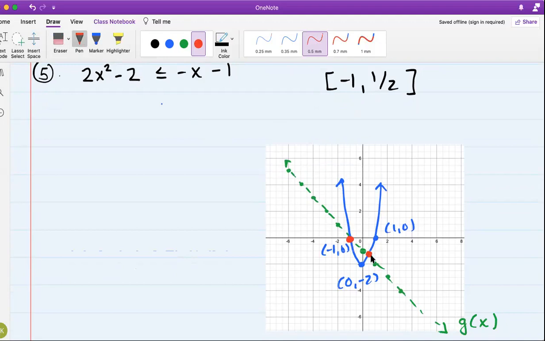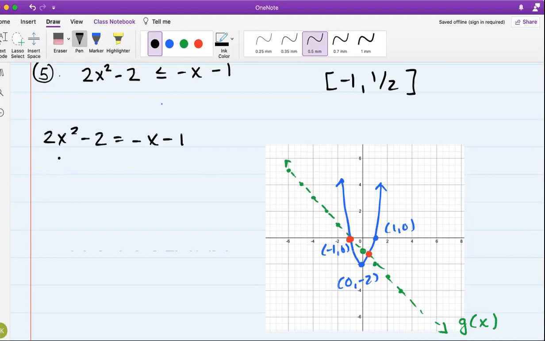So we need to figure out where these two intersect. We already can see where they intersect here, but we also want to find out this point. How we do that is we set these two equal to each other. So we have 2x squared minus 2 is negative x minus 1. We're going to find two x values. One of them is going to be negative 1, and then we're going to get another x value, and that's going to tell us where they intersect.